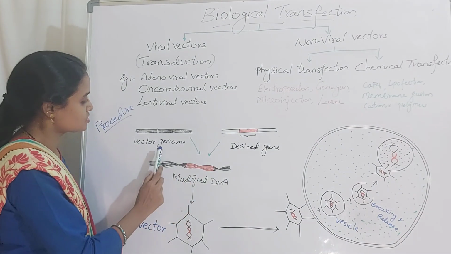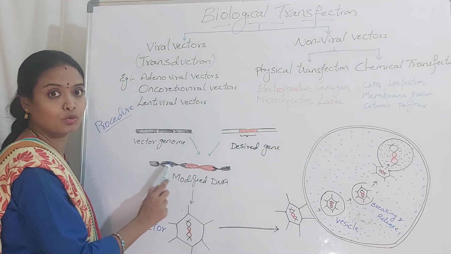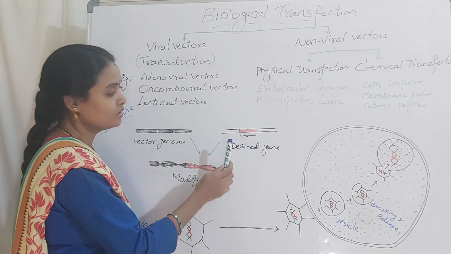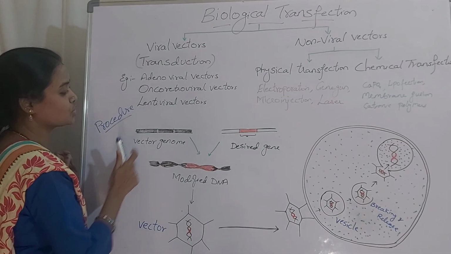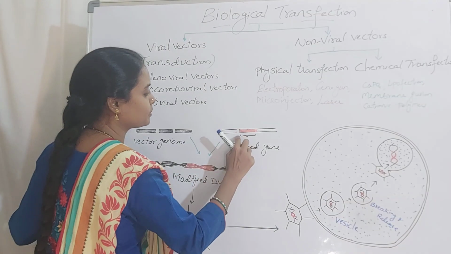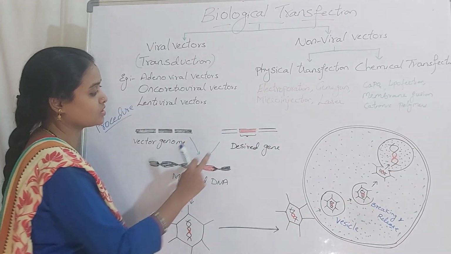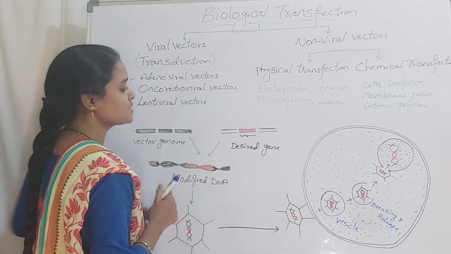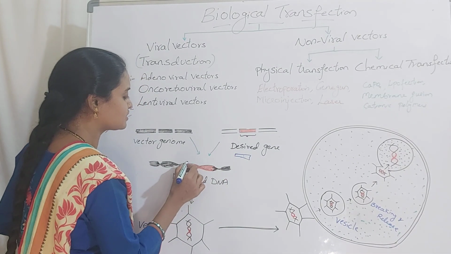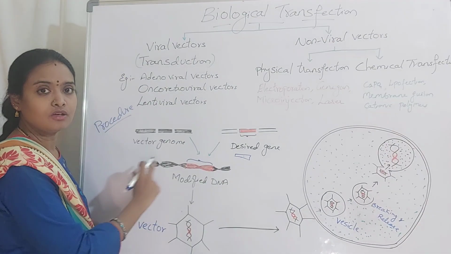Here we have shown it as a DNA model, whereas here I have marked it as strands. In this viral genome you have excised this region, also by means of restriction endonucleases, and the desired fragment is introduced here in the viral DNA.